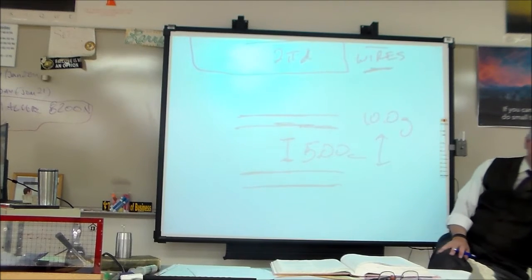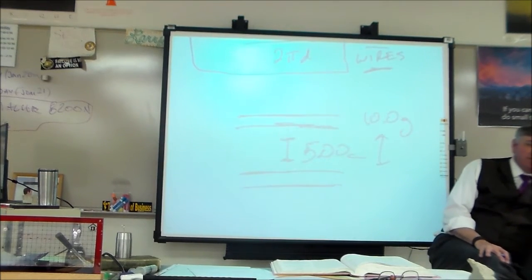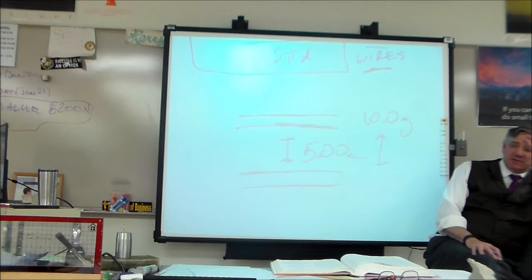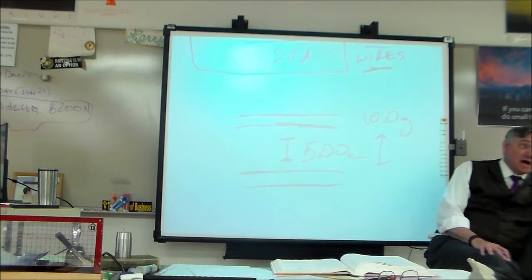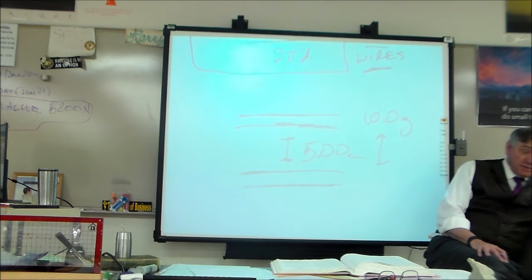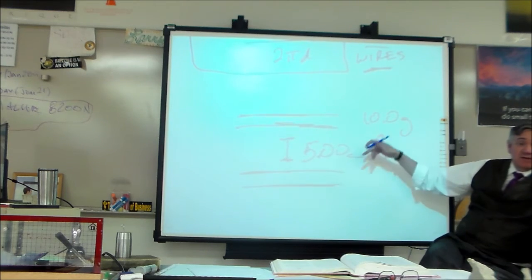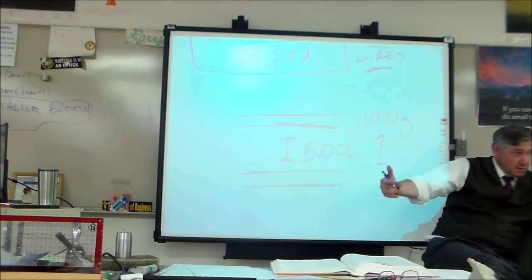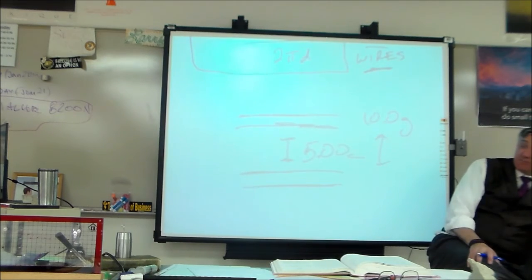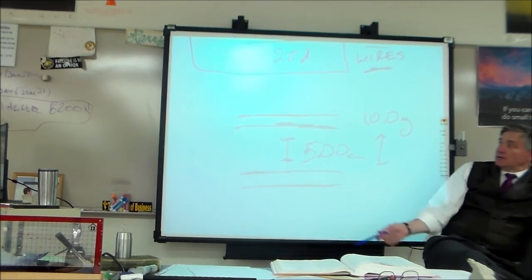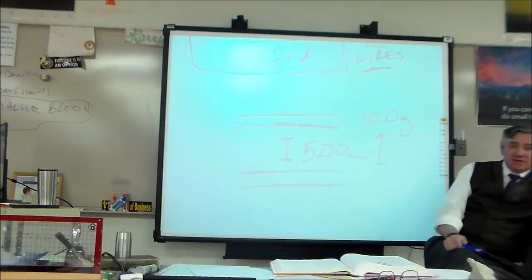I would want a repulsive force. So since I want a repulsive force, would I want the currents going in the same direction or the opposite direction? Opposite, because with wires, opposites repel. So if I know one current is going in one direction, the other one would have to be going in the opposite direction.